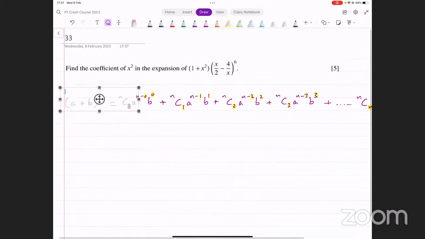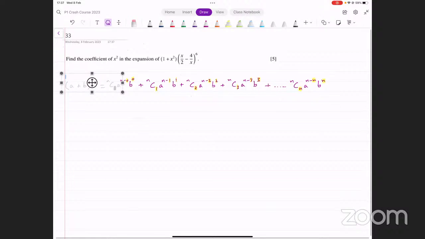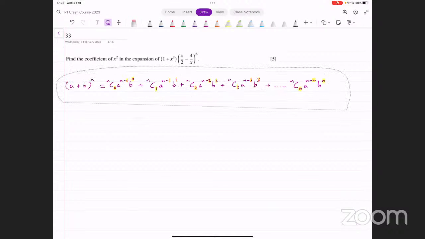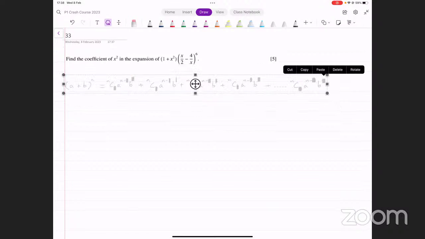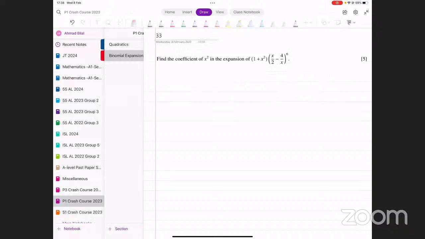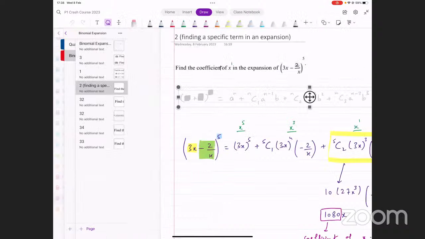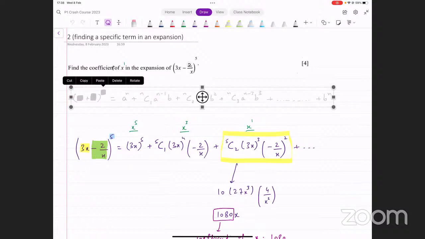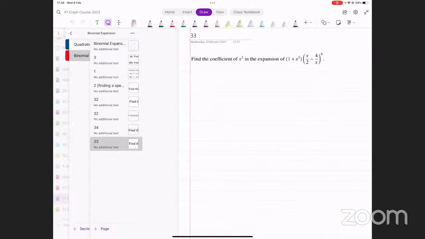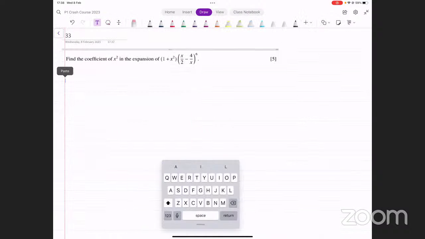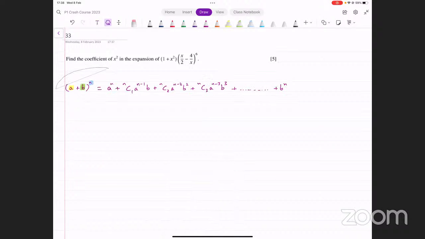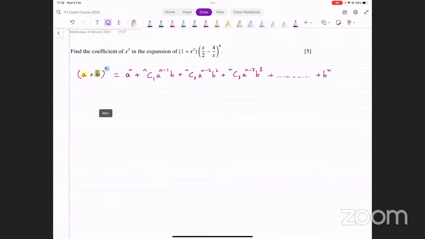Now let's think about it. Okay, I'm sorry, this is not the exact formula. Let me go back there. Let's use this one. All right, now let's think about this.